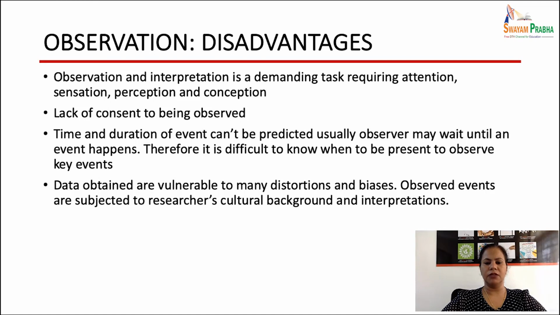Then data obtained are vulnerable to many distortions and biases, because observers' biases can always be there. Observed events are subject to the researcher's cultural background and interpretation. Whatever the researcher observes, he will document, but the meaning he makes out of those observations and the interpretations he draws may be vulnerable to his own distortions and biases.